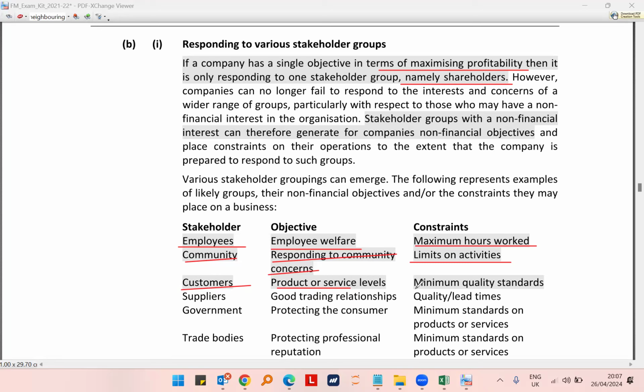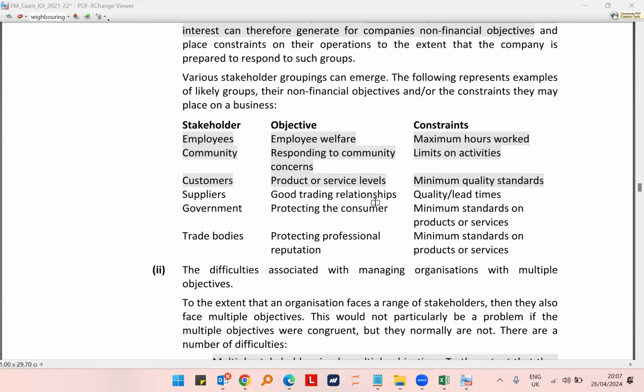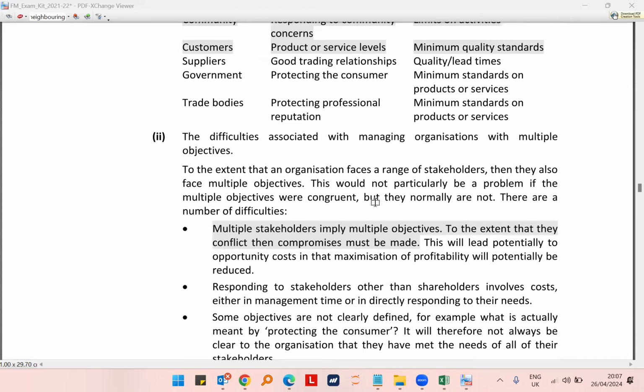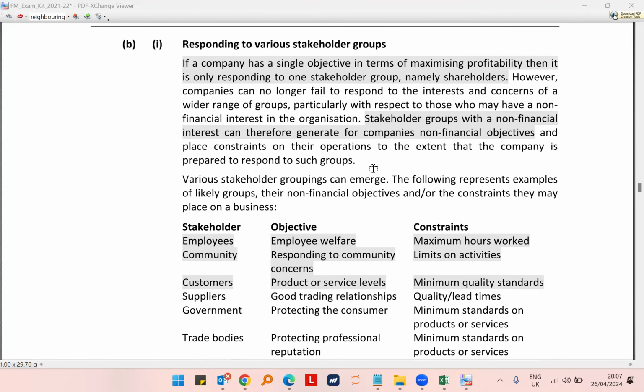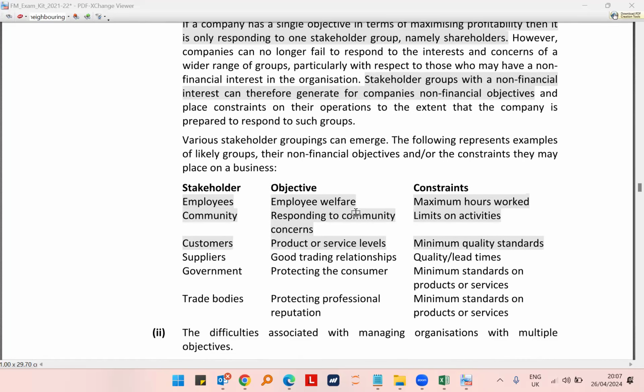So here you need to make sure that you are able to abide by the minimum quality standards. Amongst other things, you have also been given suppliers, government and trade bodies. You can see that they have not made new points from what we made. The only thing that they have added here is this matrix of the different constraints and objectives of the different stakeholder groups that are identified.